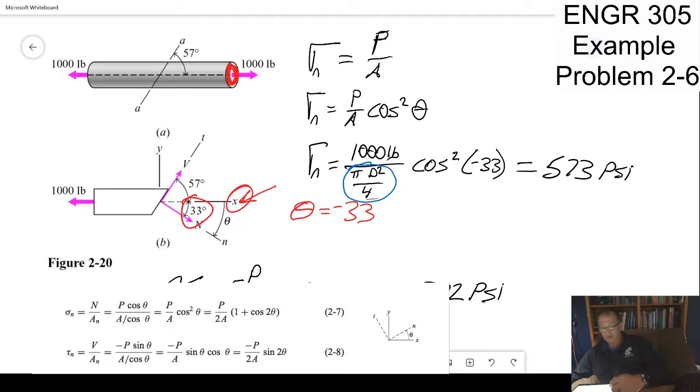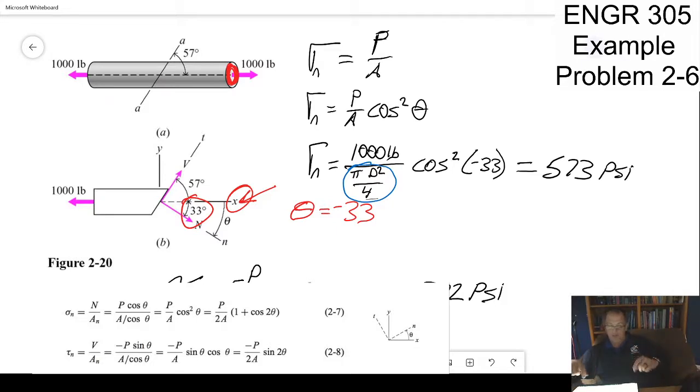So the stress in this direction is about 1,000 pounds per square inch, and it's going to drop off as that angle changes. So I know the normal stress will be less than 1,000. These numbers make sense.